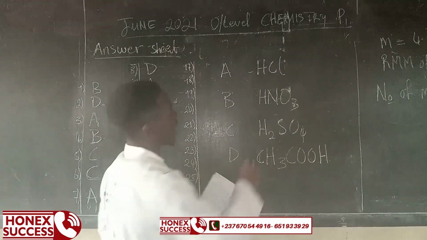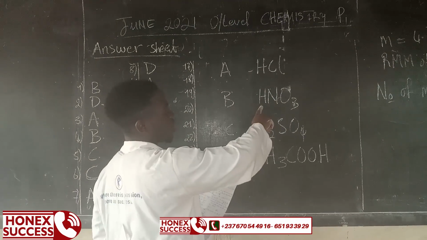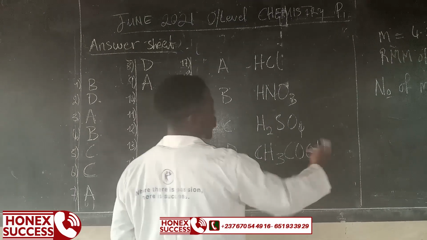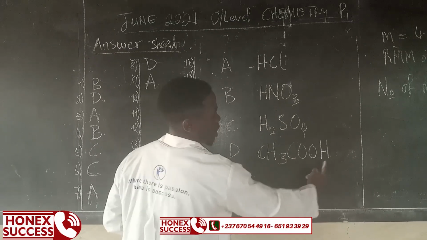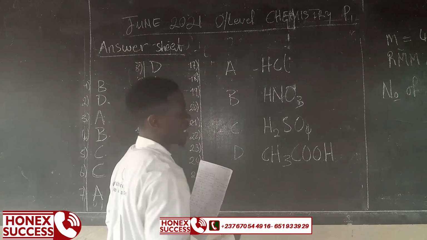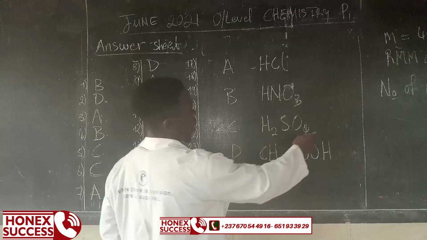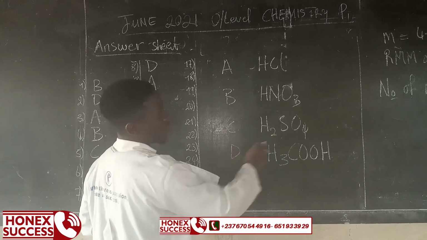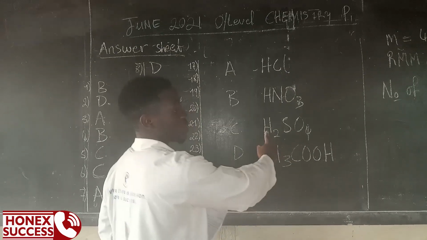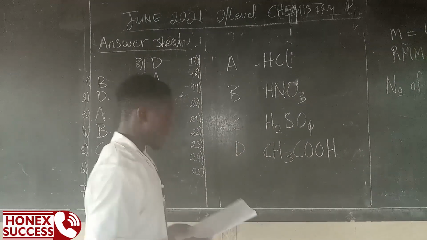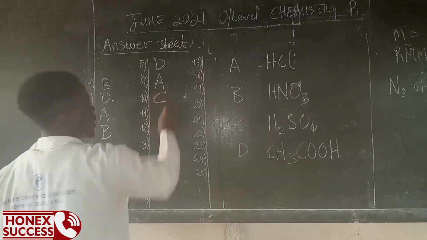So A has just 1 hydrogen ion, B has just 1, and C has a total of 2 hydrogen ions that it can give out during reactions. So it brings us to option C, which is our correct answer.